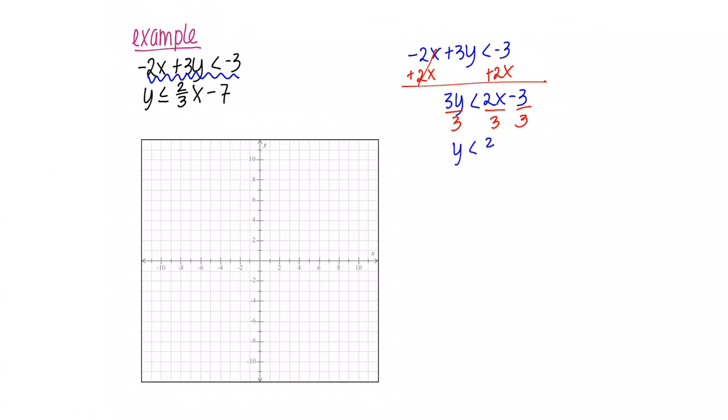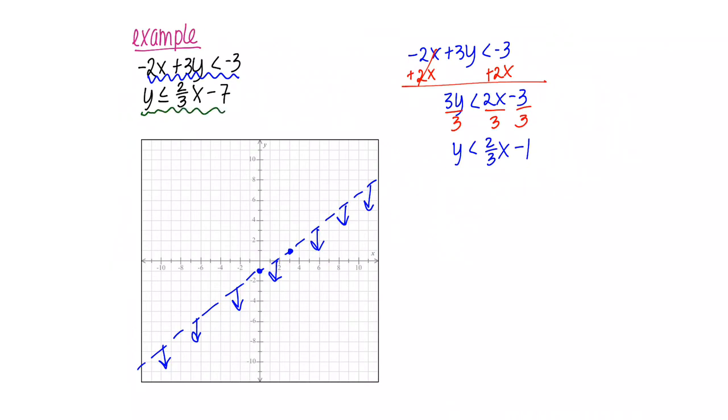Y less than 2/3 x minus 1. All right, minus 1, up 2, right 3. There's no underline, so I'm going to put a dashed line down. And it says below. So that's the below direction.